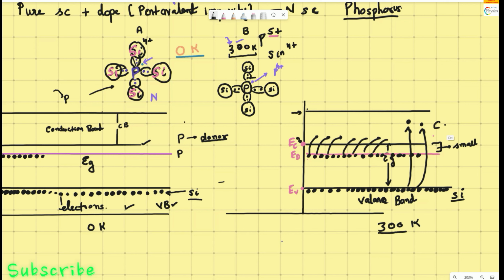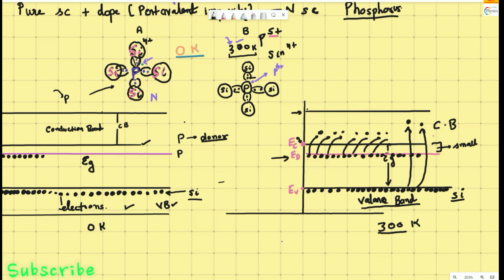So these electrons, because of the small gap, are able to jump to the conduction band very easily. So that's your conduction band. Now you can see in the conduction band, you have electrons coming from two sources. One from the valence band of silicon. The second place from where you're getting extra electrons is the donor energy level, electrons coming from phosphorus, and they are also reaching the conduction band.